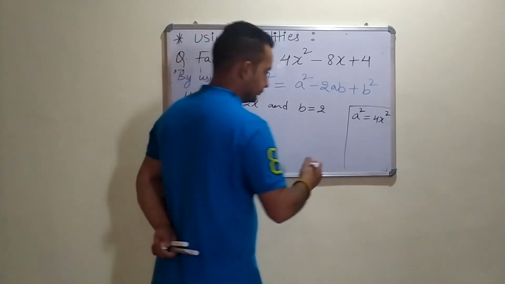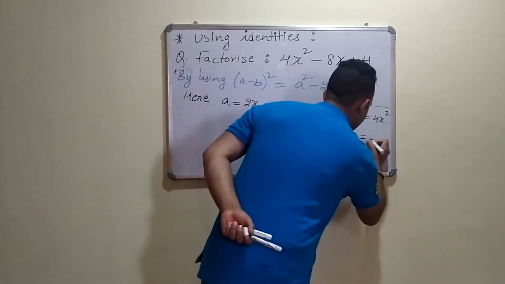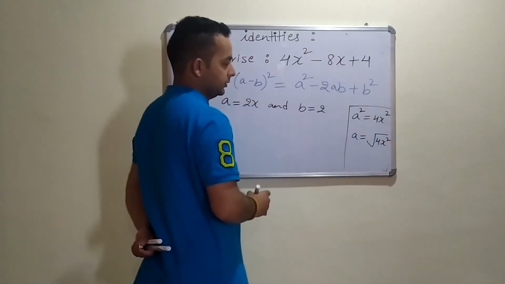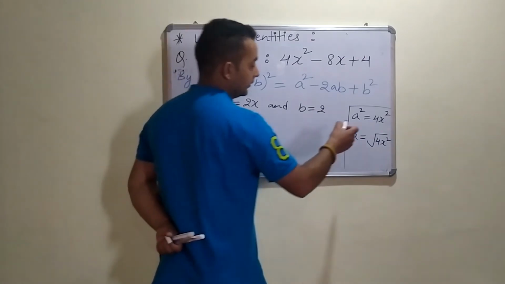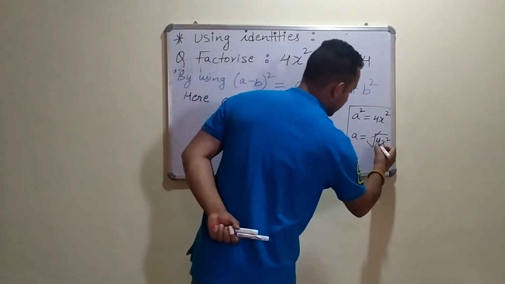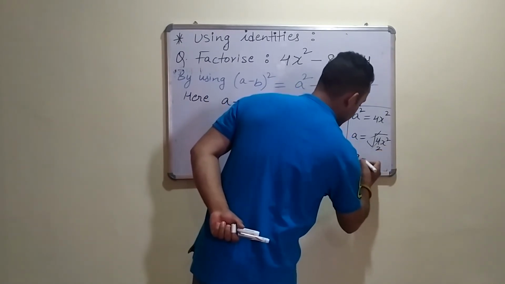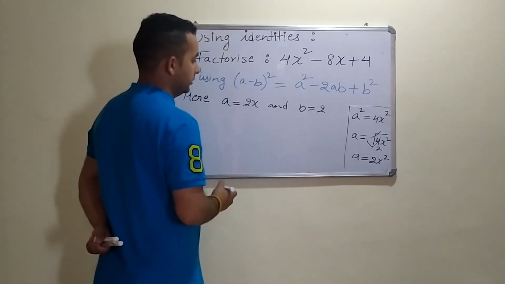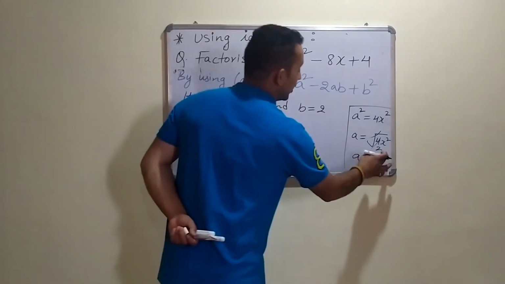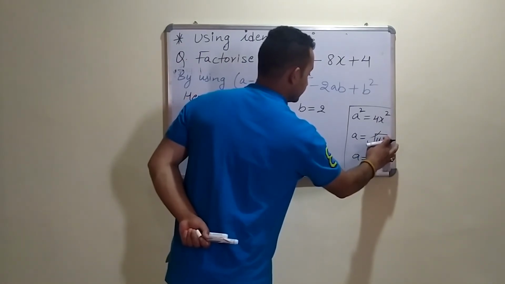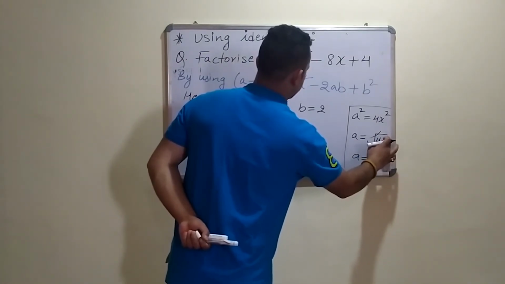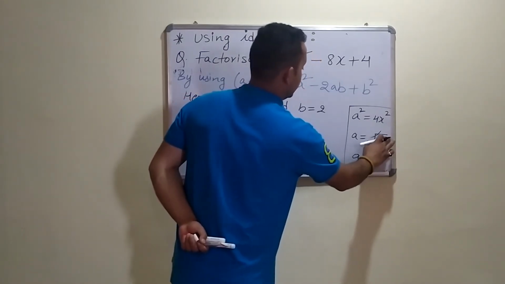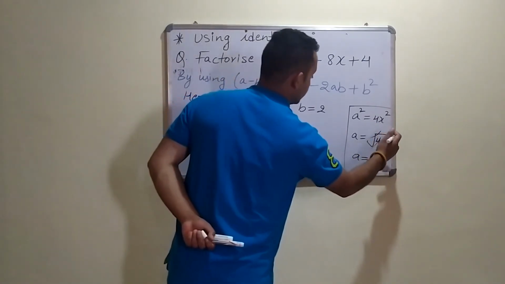Now you're going to find out the value of a, so you have 4x square. The square root cancels the square, and the square root of 4 is 2. So a is equal to 2x.